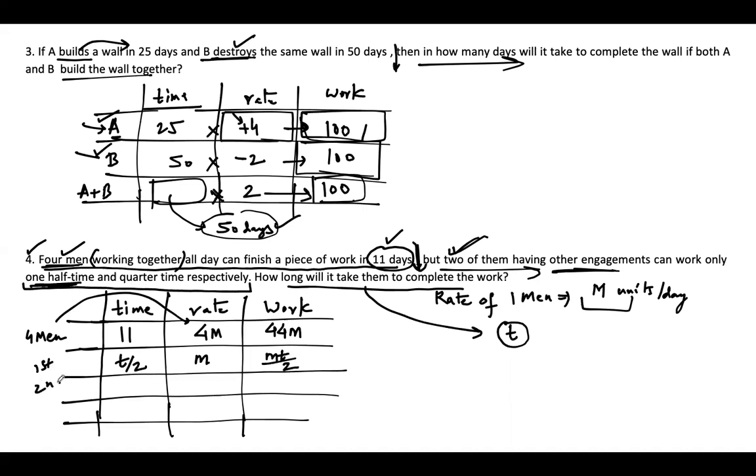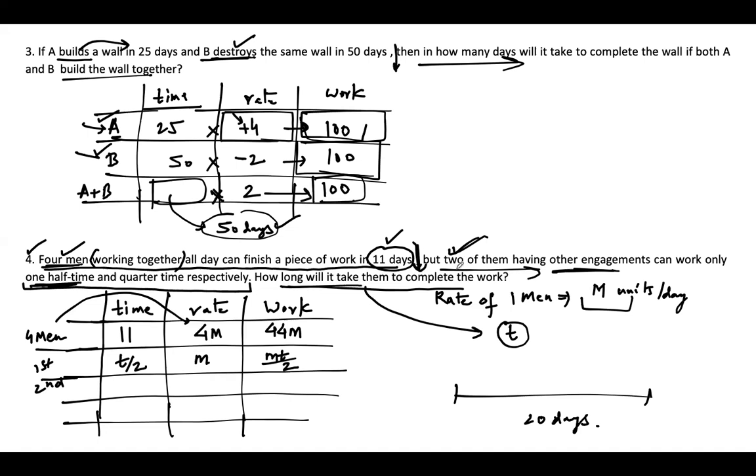Similarly, go on. Question: the assumption for T is only for one man, right? So the time taken by one man to complete the work is T. No, the time for the whole work to get completed is T. Okay. But since this person is working only half the time, let's say the total time taken was 20 days.